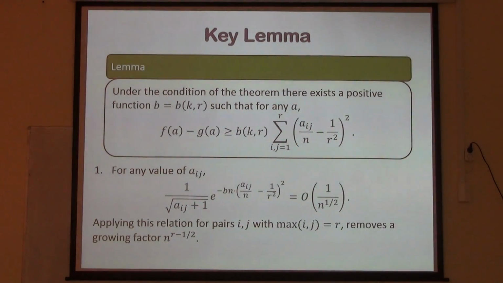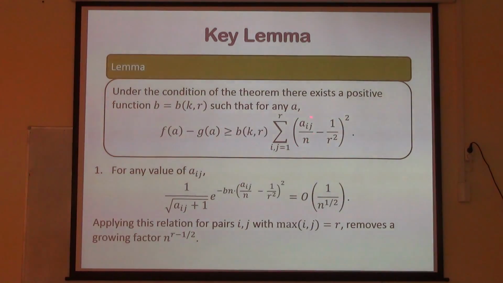And the key lemma, which gives almost everything, is the following. Under the condition of the theorem, there exists some positive function b such that f of A minus g of A is at least this function b times this; roughly speaking, this is just a square of the normalized matrix.